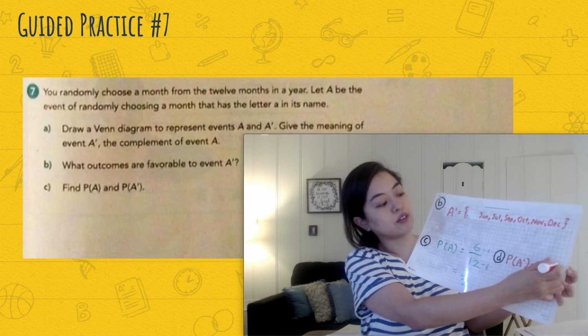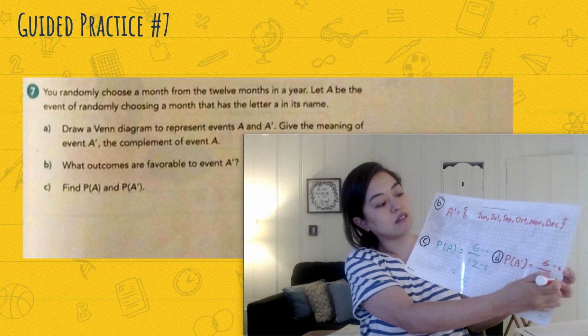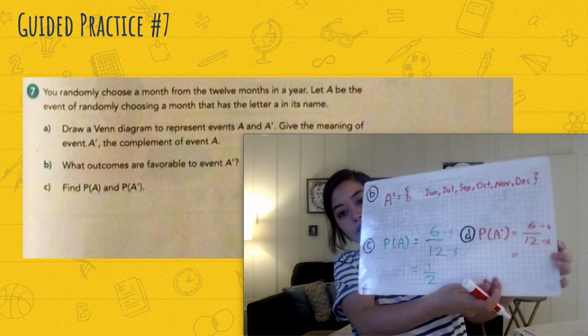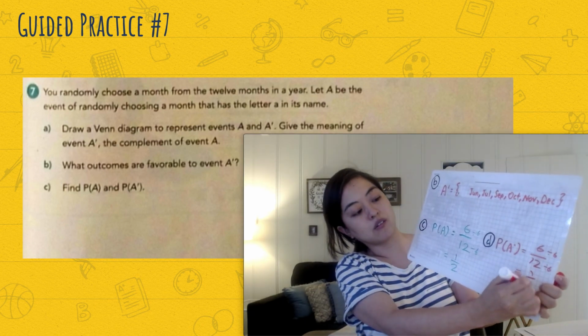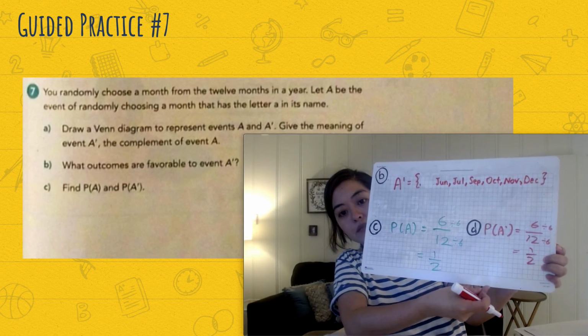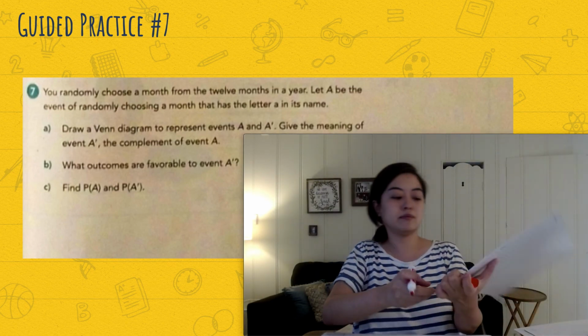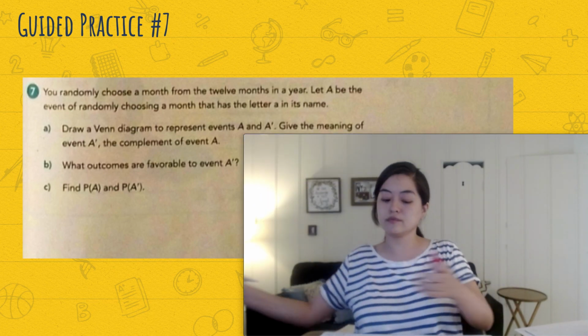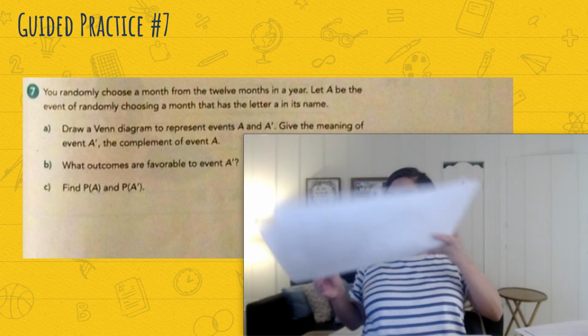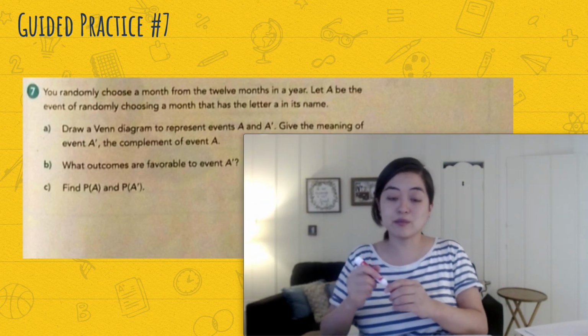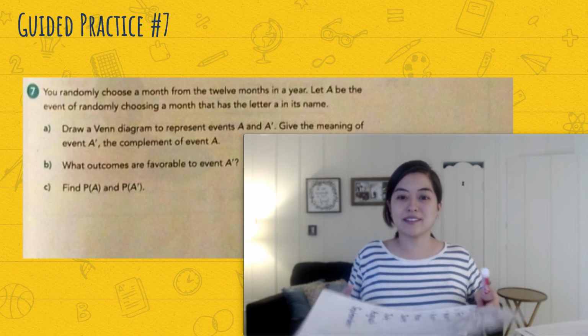Again, if we divide by 6 to simplify, we get 1/2 as our probability. All right, so that was number 7.